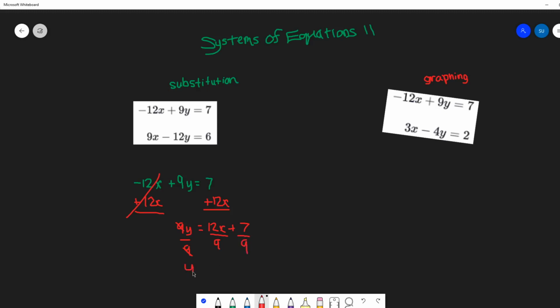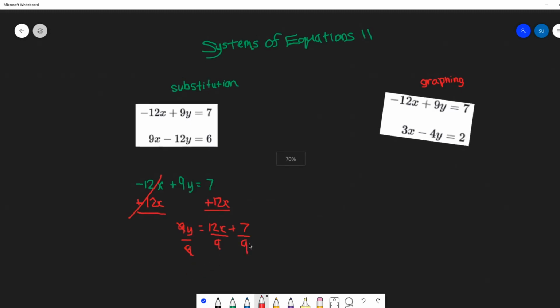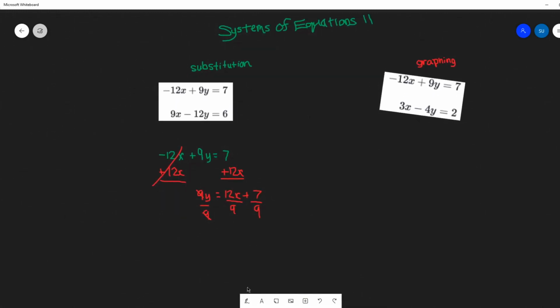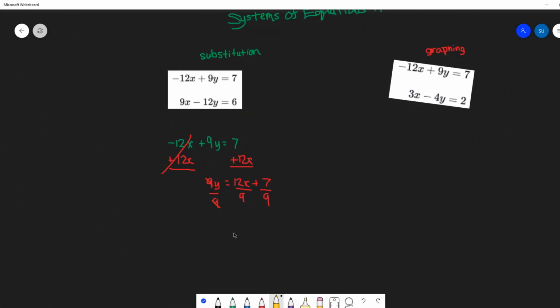After doing that, y equals, and we can simplify this fraction down to 4/3 x, and 7/9 just remains how it is.